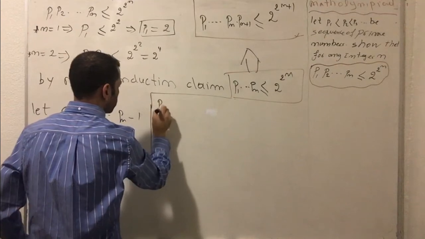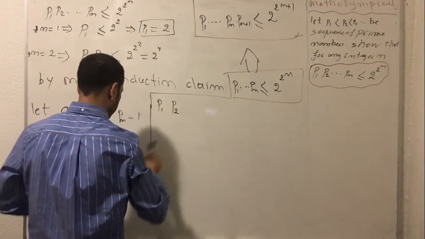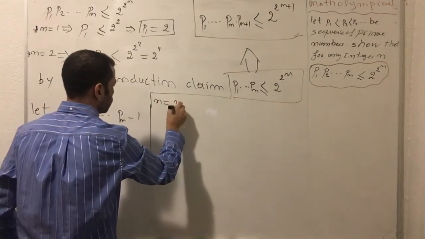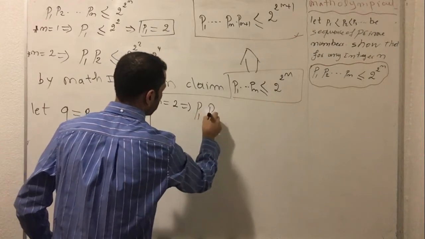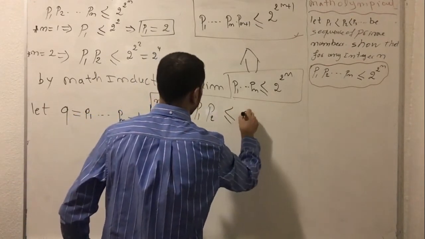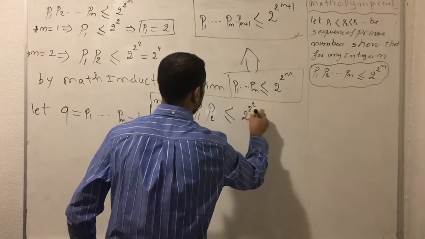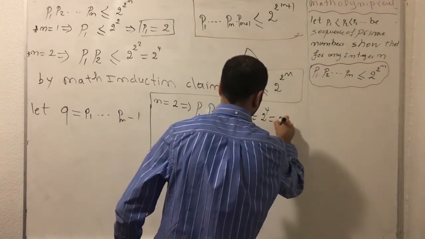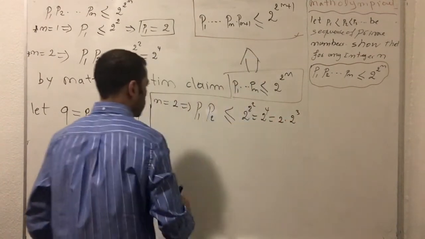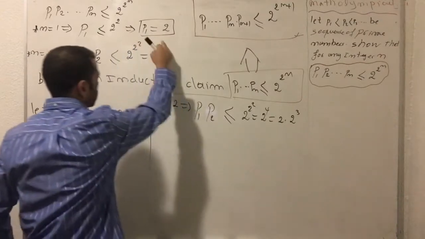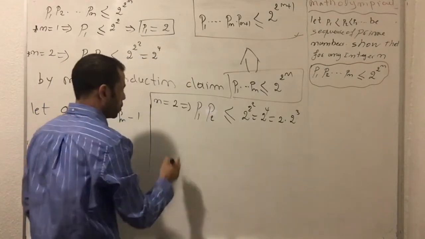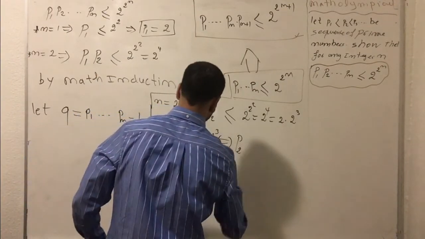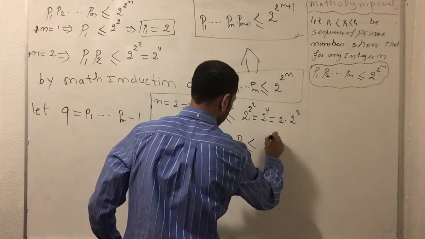As you see here, for n equal to 2, we have P1 P2 less than or equal to 2 to the 4th. Since we know P1 equals 2, because it is the lowest of the prime numbers, I will have P2 less than or equal to 2 to the 3.